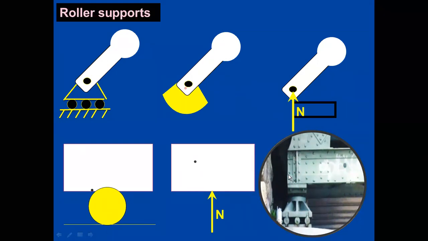So whenever we talk about the roller support, it will always create a resistance against the vertical force. Here you see, when the force from the beam acts vertically downwards, the reaction will act vertically upwards, right? So these are the different types of roller supports we can see here.